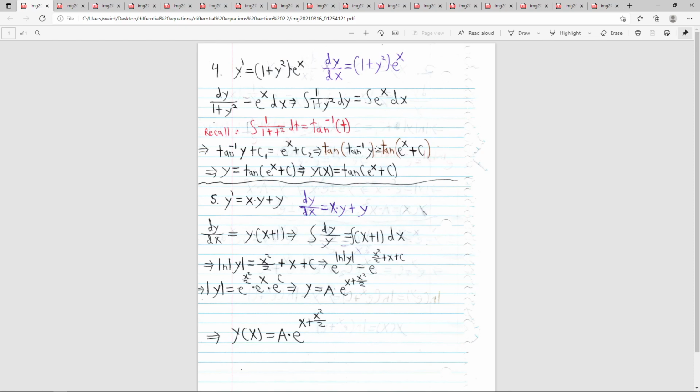It's also something I don't think is specified, but it's all written out. So then you just take tangent of both sides, once you first make it one constant on the right hand side. So it becomes y of x equals tangent of e to the x plus c, because here you take tangent on both sides, canceling out the inverse tangent.